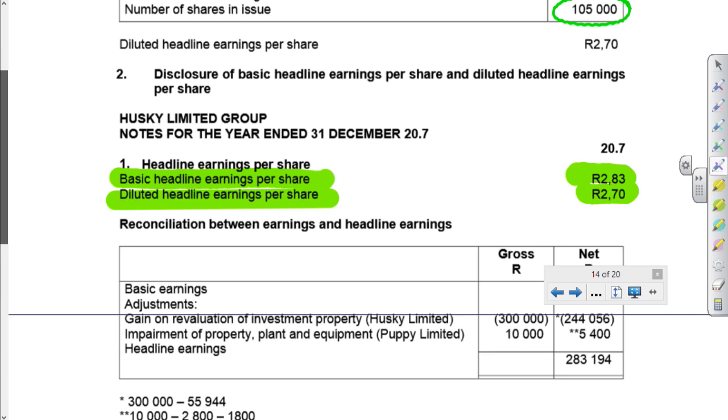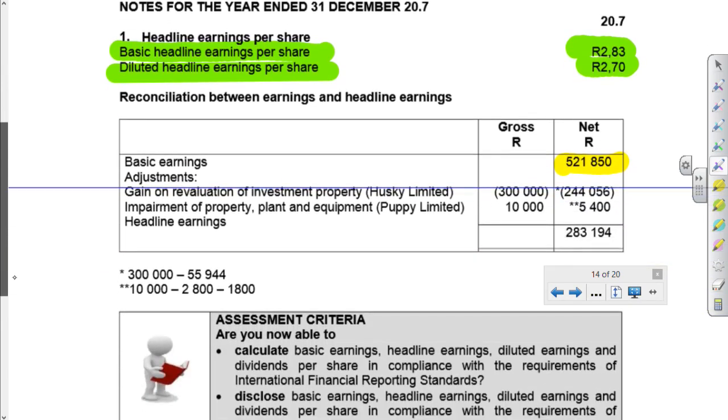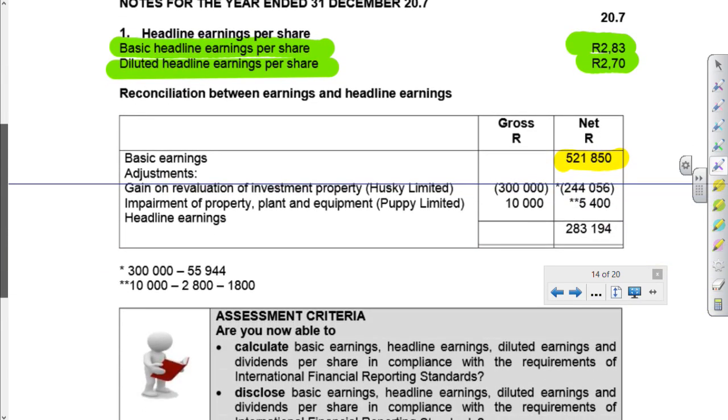So in the notes, there's a headline earnings per share note, which will say what is basic and what is diluted HEPS. And then we reconcile between the two using the long form. So the long form starts with my basic earnings, 521,850, and puts in the adjustments, gross, 310, and then net, which is after tax, after minorities, or NCI.